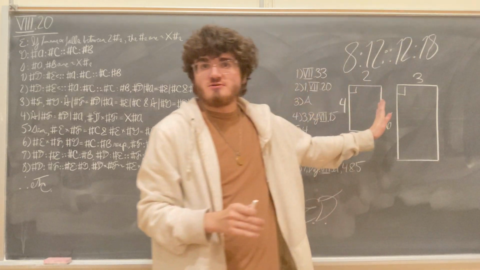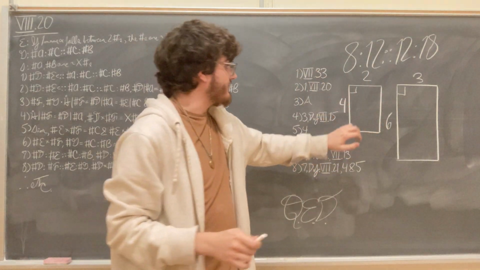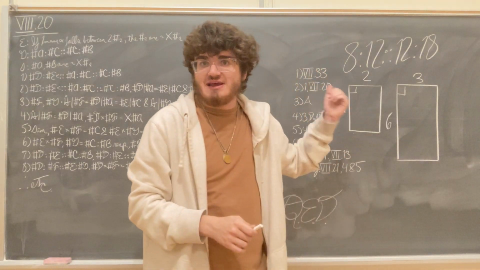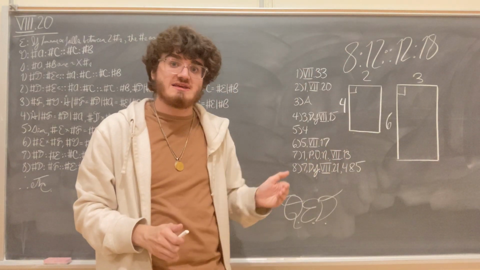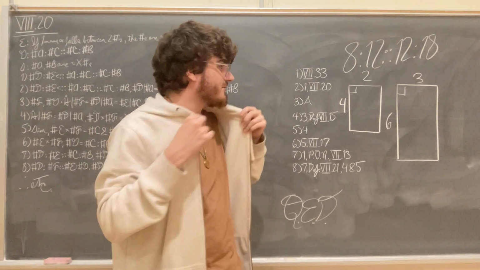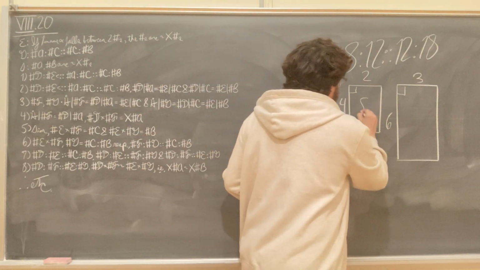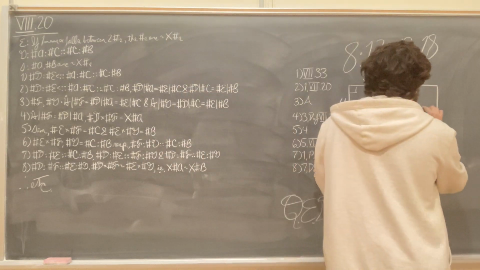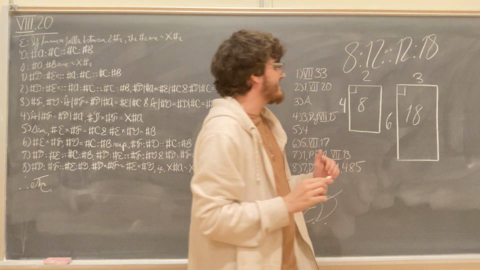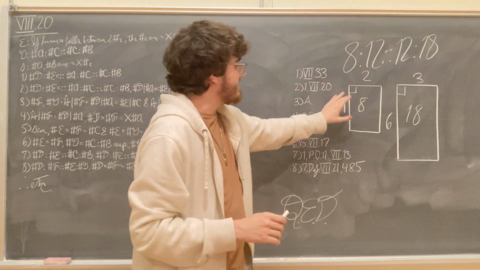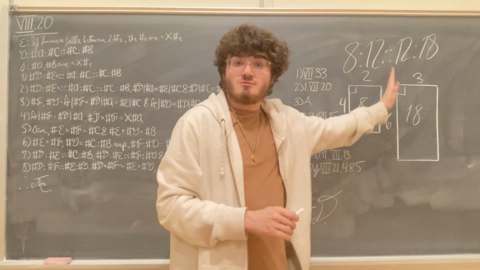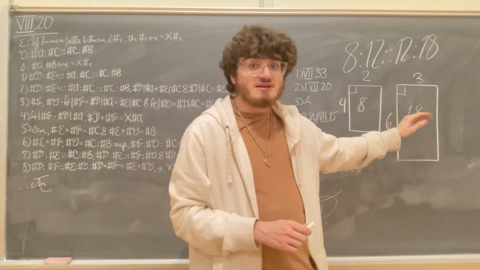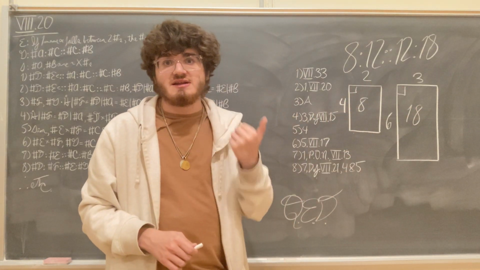So we see that these two rectangles are proportional because 2 is to 4, just as 3 is to 6. Namely, that they're both as 1 is to 2, as the unit is to 2. And so this would be 8 because the product of 2 and 4 is 8. And this would be 18 because the product of 3 and 6 is 18. So we would say then that because these two rectangles are similar, that 8 and 18 are similar plane numbers.